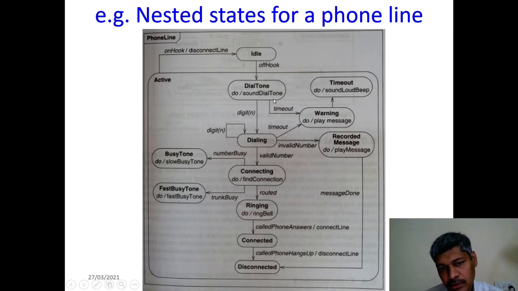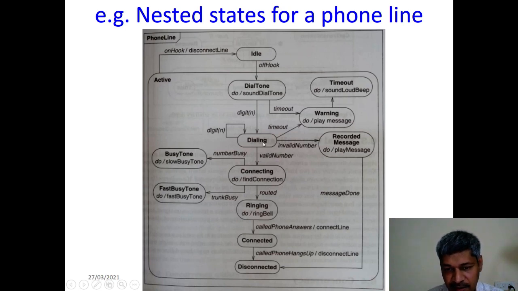Similarly, from that one, if you start pressing digits, you will be in the dialing state. We already discussed this in detail last time. As you enter all the digits, if it is a valid number, it will move towards the connecting state. Then again you have a do activity, find connection.